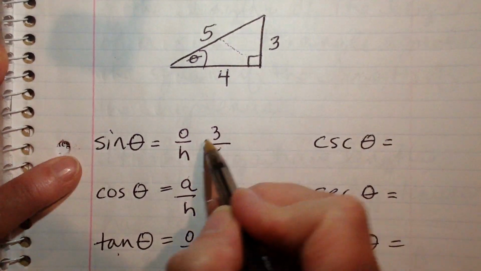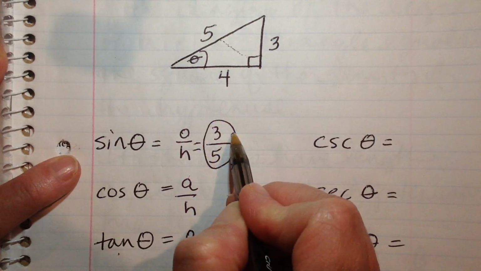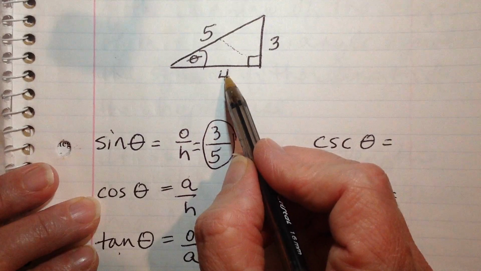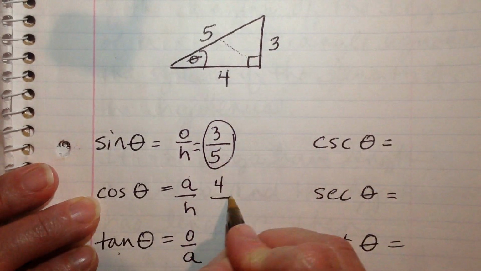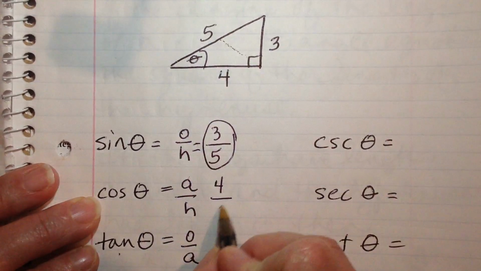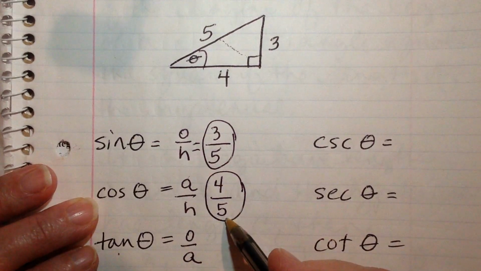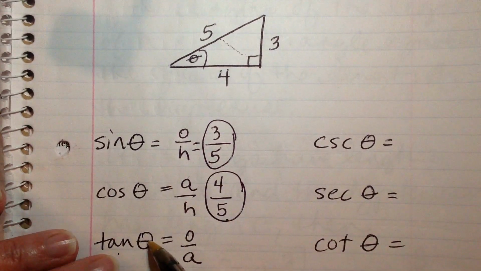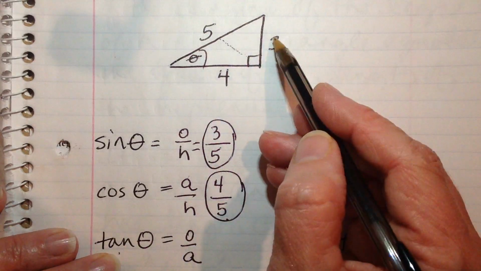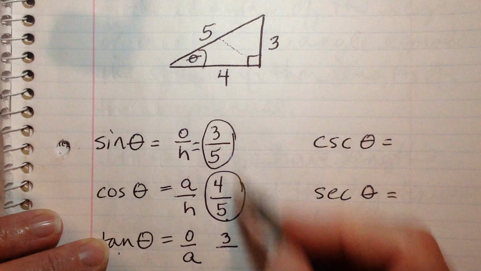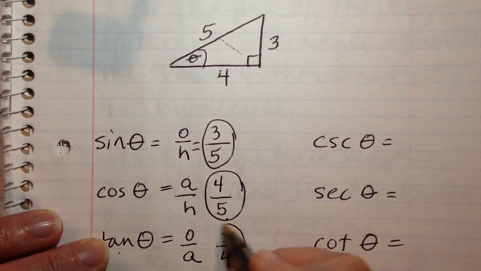So sine is 3/5. Cosine of theta. The adjacent side is 4 over the hypotenuse is 5. So your cosine is 4/5. Tangent of theta is opposite 3 divided by adjacent, which is 4.